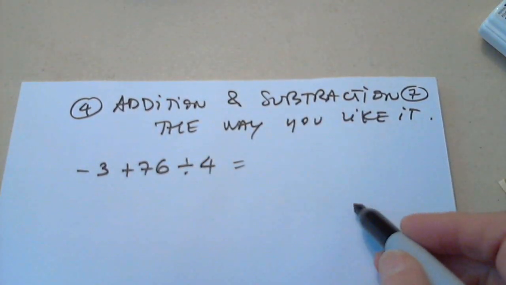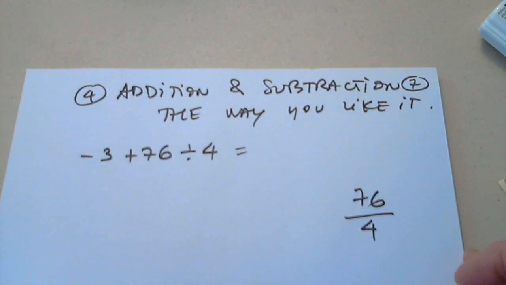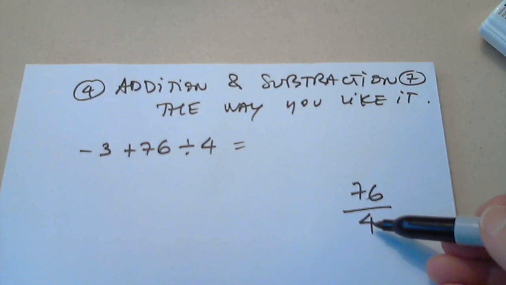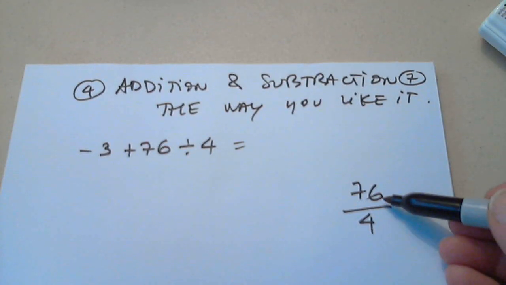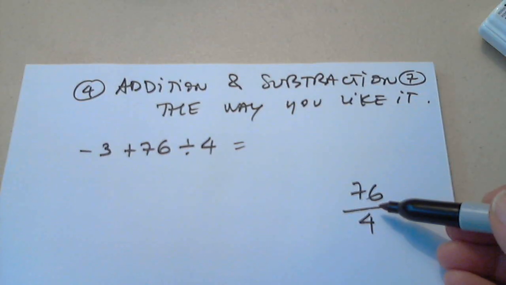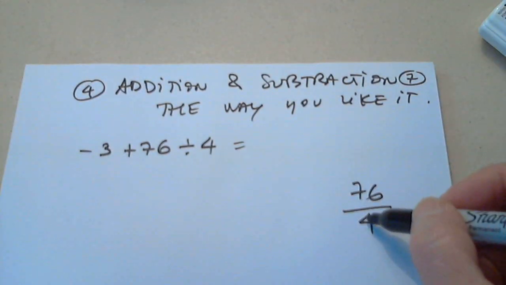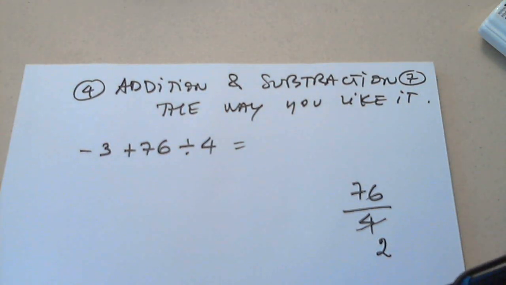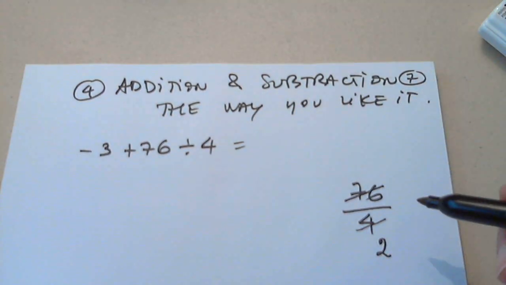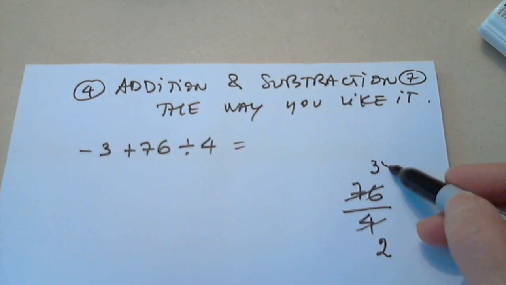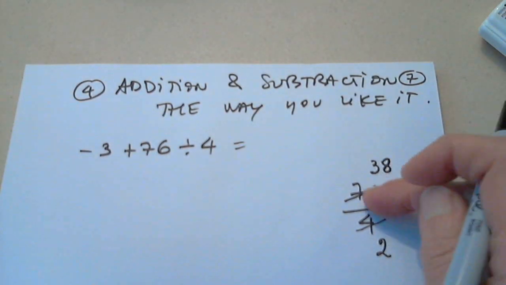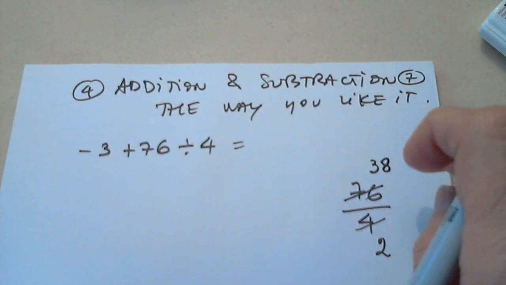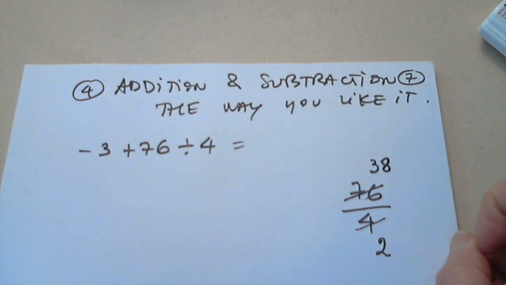So let's take 76 divided by 4 on the side. No calculator. I realize that both are even numbers. Both are divisible by 2. That's carved in stone. So I will divide 4 by 2, cross it and get 2. And I divide 76 by 2, and I get 38. 7 divided by 2 is 3, there is a remainder 1. 16 divided by 2 is 8.